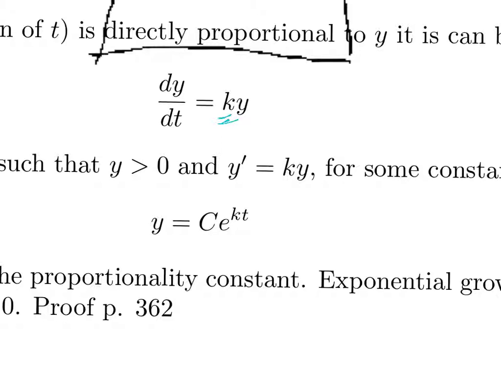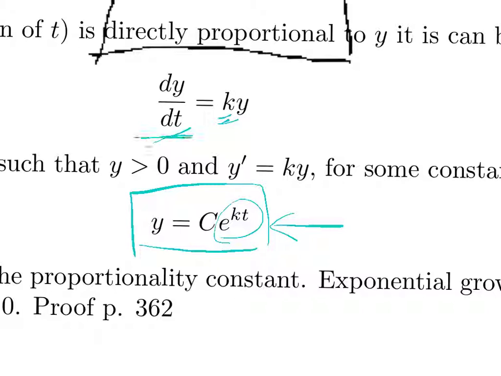So dy/dt equals ky. The solution, or a solution to this, is always y equals c e to the kt. This makes sense because the derivative of e to the something always involves another e to the something, which is what we're saying up here. The derivative involves the original function, okay?